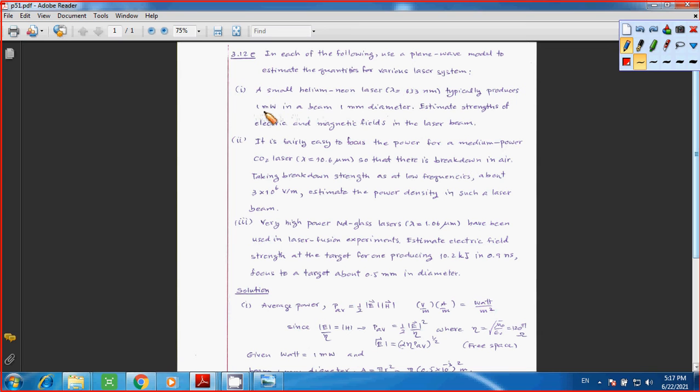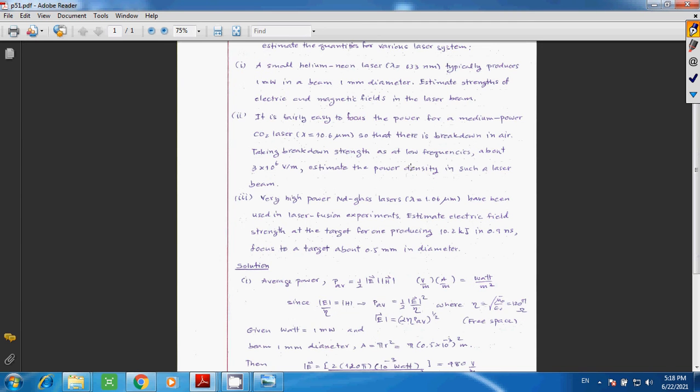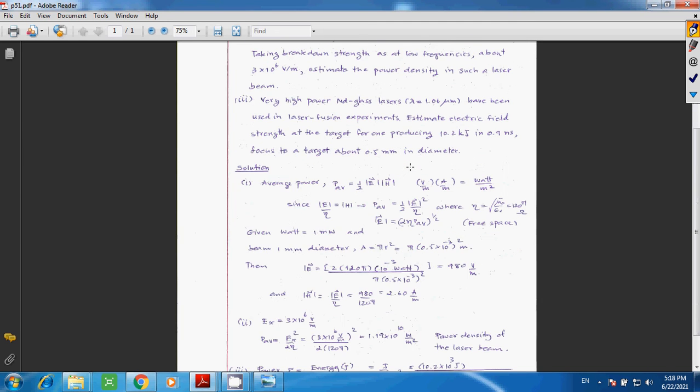That means the power, right? With a beam of 1 millimeter diameter. Estimate the strengths of the electric and magnetic fields in the laser beam. So you're talking about the electric field and the magnetic field, and also the power.